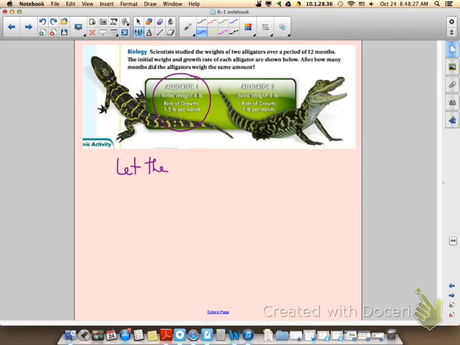Can we just use x and y? Yeah, we can just do that, correct? Okay, we'll just do 1.5x. So you can say y equals 1.5x plus 4. And this is going to be the first alligator.